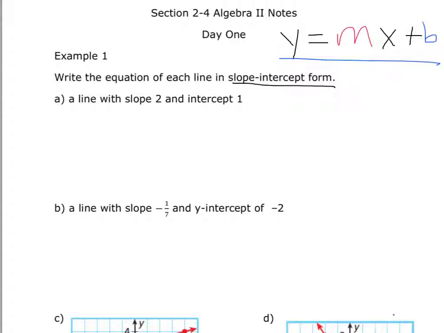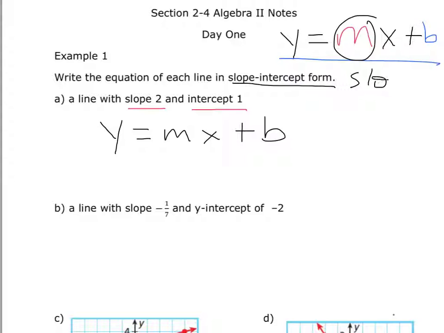In letter A, we have a line with a slope of 2 and an intercept of 1. So I know I need y equals mx plus b, where m is your slope. Down here I'm going to rewrite it. y is just going to stay y equals.